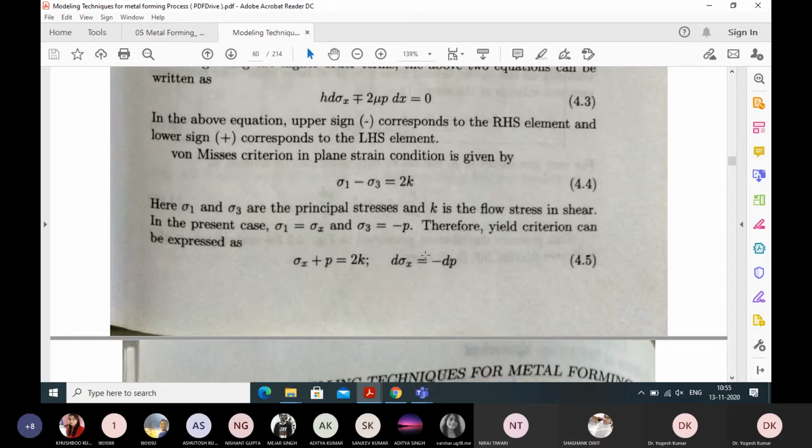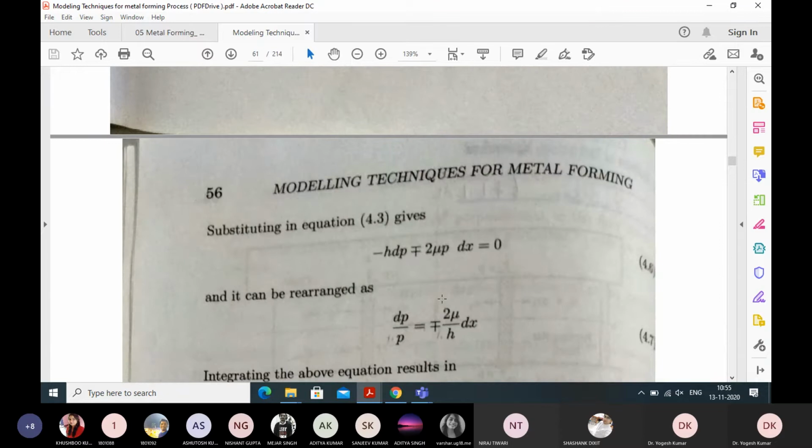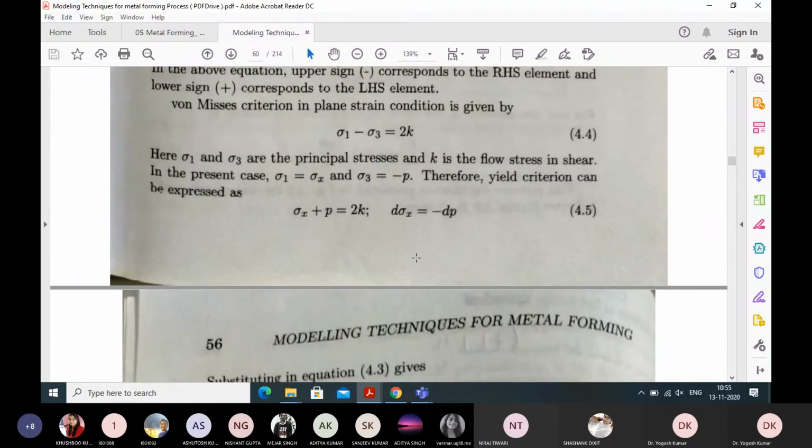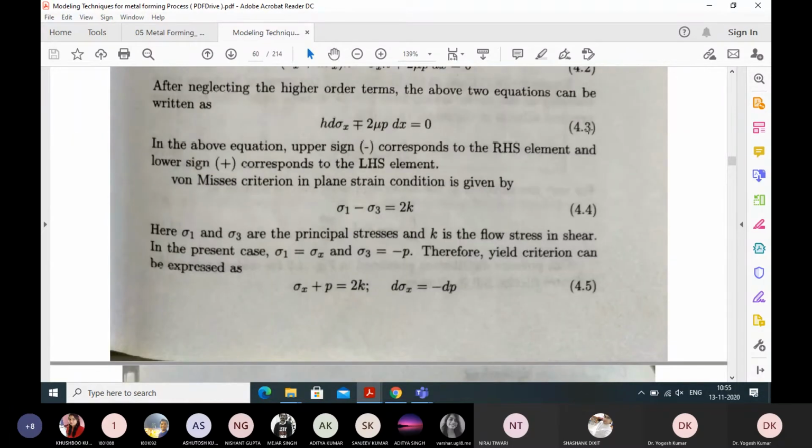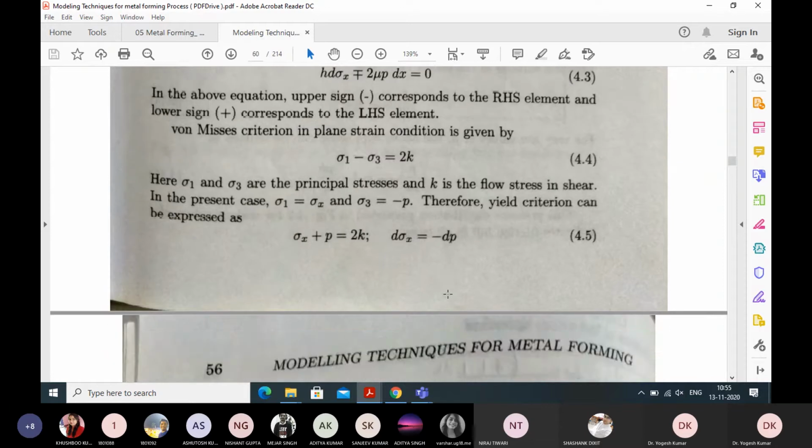So this way we will put the value of d sigma x in this equation. From equation 4.3, h d sigma x minus plus twice mu p dx. If we put the value of d sigma x in this equation, d sigma x will be replaced by minus dp.